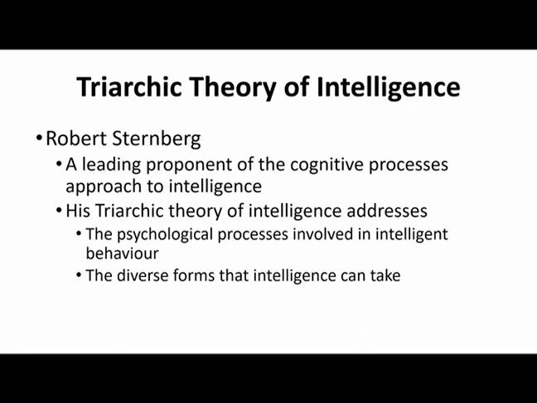Why was this difference happening? And so he designed this theory to specifically look at both the psychological processes that are involved in intelligent behavior and to try and evaluate the diverse forms that intelligence can take. So it's kind of a two-part theory here.